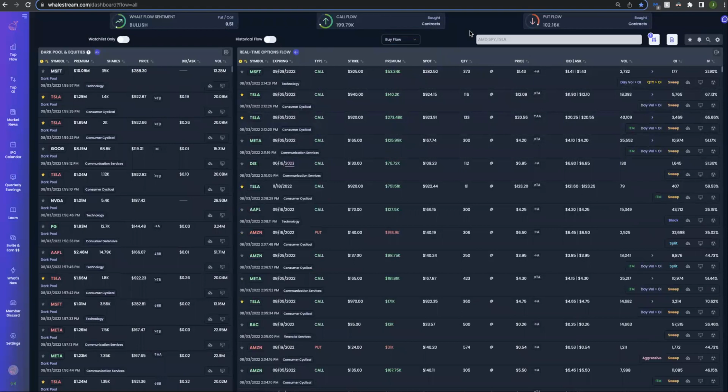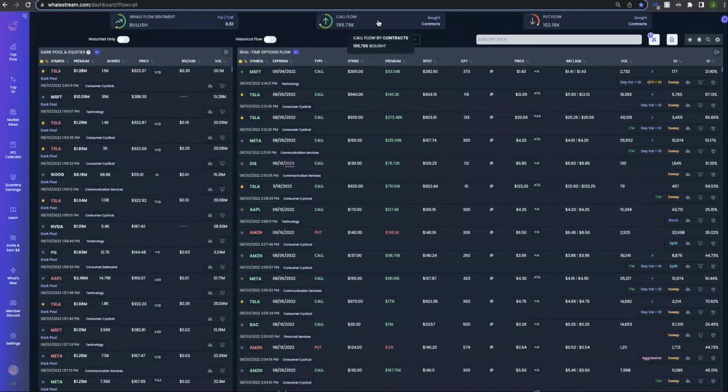And the typical way of calculating the sentiment is based on the put to call ratio. That takes total contracts bought on puts divided by total contracts bought on calls. And then you get a number like this. Usually if it's between 0.7 and 1, it's neutral. Anything below 0.7 is bullish, and anything above 1 is bearish.